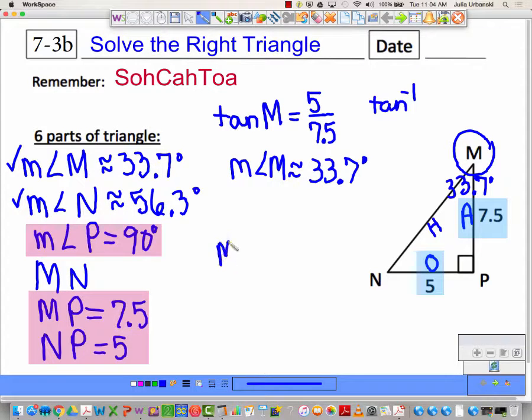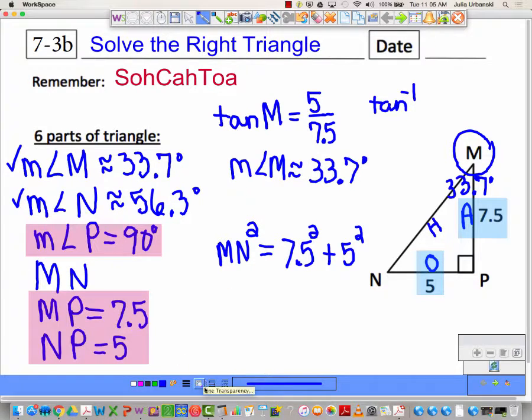Side MN, the hypotenuse, is across from the right angle. Side MN, that's squared, equals what other two numbers squared? 5 squared and 7.5 squared. The other two sides. Hypotenuse squared equals the other two sides squared. And I can put an equal sign here because I already know there's a right angle. I don't have to try to figure out greater than or less than.